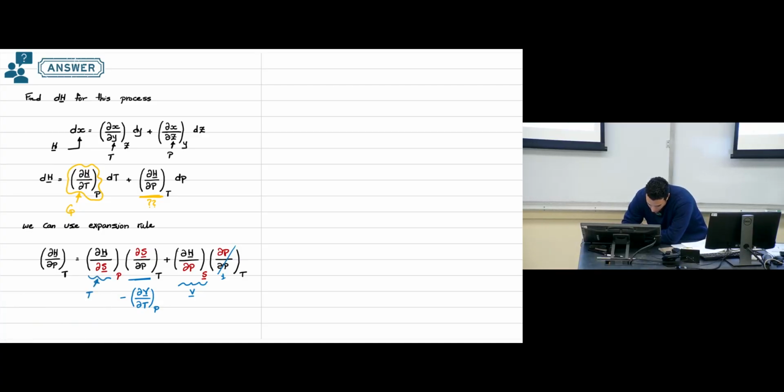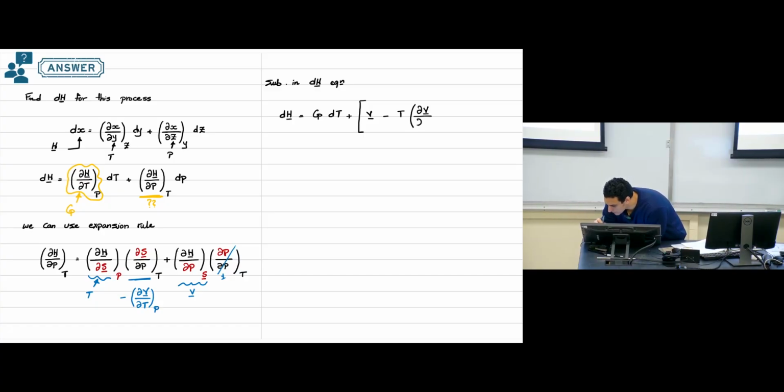Okay, let's put all the equations together right now. So now we can substitute in the dH equation, and then we can say dH equals Cp dT plus V minus T dV by dT at constant pressure, and all of this times dP.